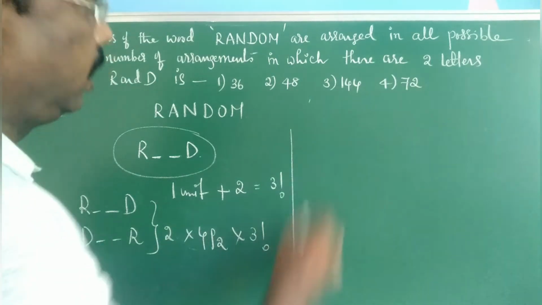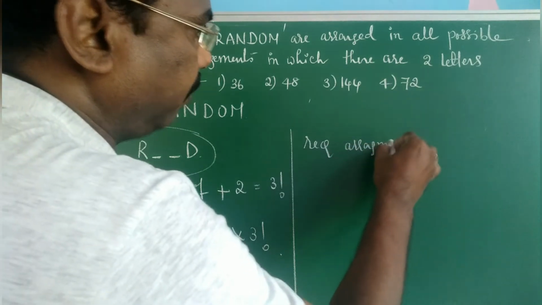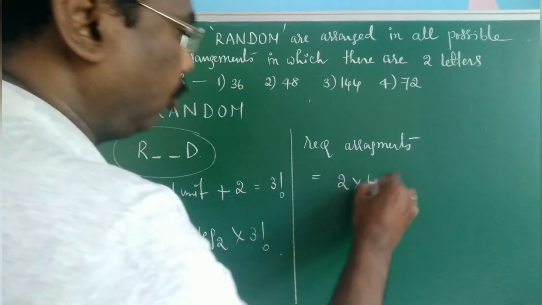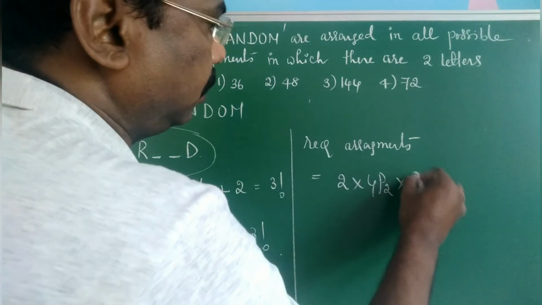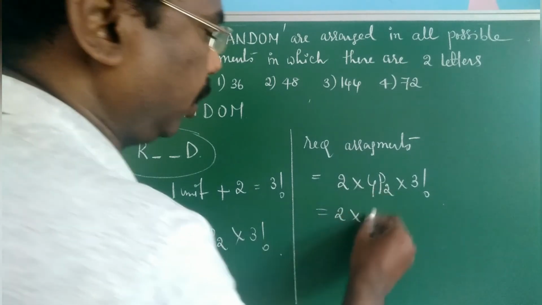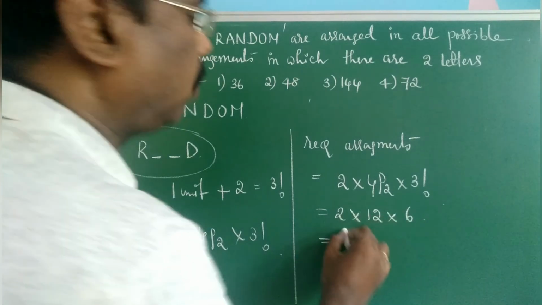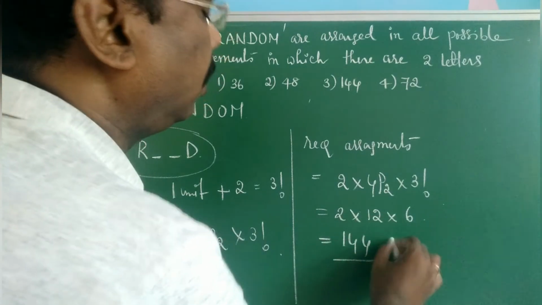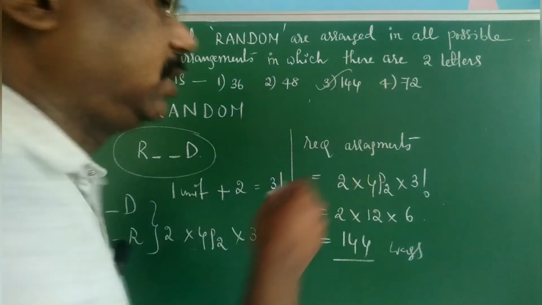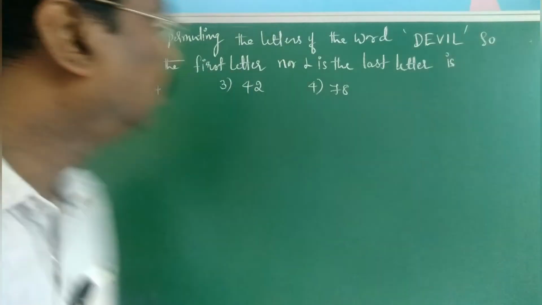Therefore, the required arrangements is equal to 2 into 4P2 into 3 factorial. Now 2 into 4P2, 4 into 3, 12, into 3 factorial 6. Now 12 into 12 is equal to 144 ways. Now option 3 is the correct one.